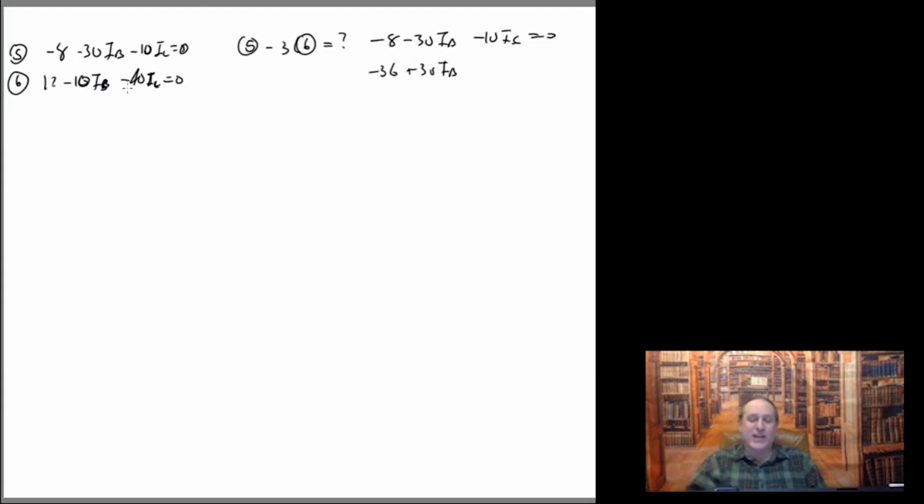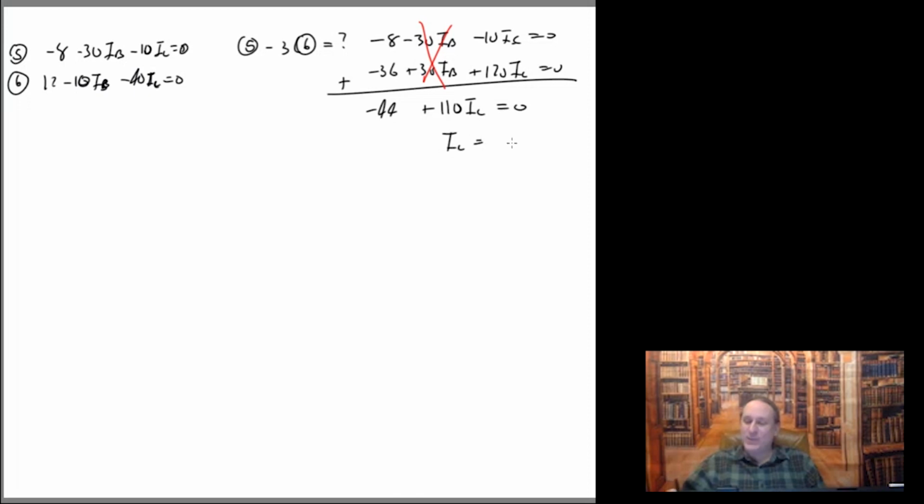And a -3 times -40 gives me a +120 IC. Then when I add them, you can see that the IB term disappears. And we get a -44 plus 110 IC equals 0.